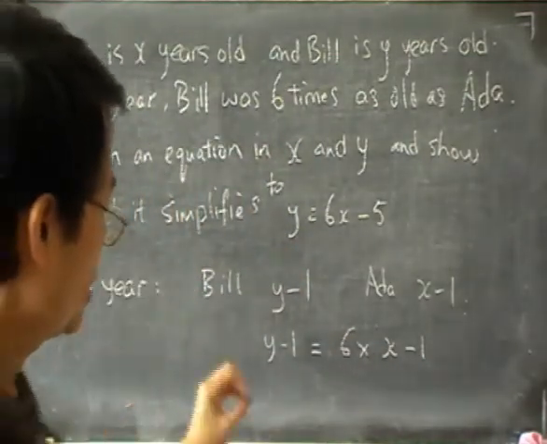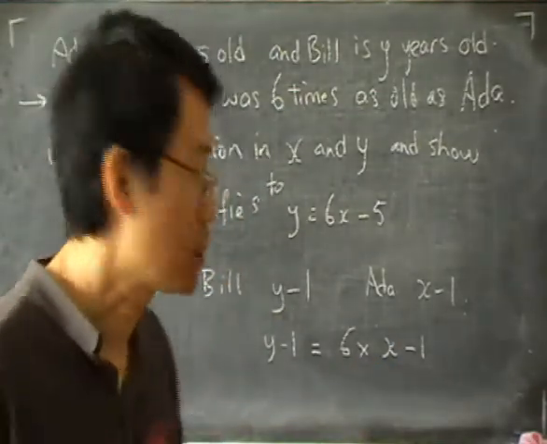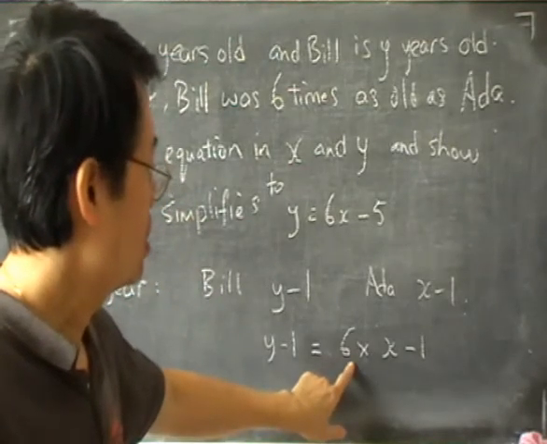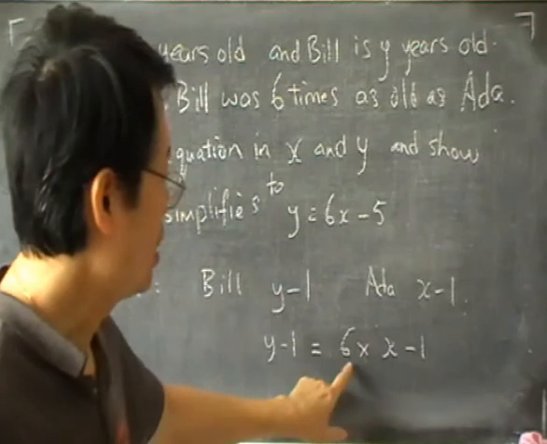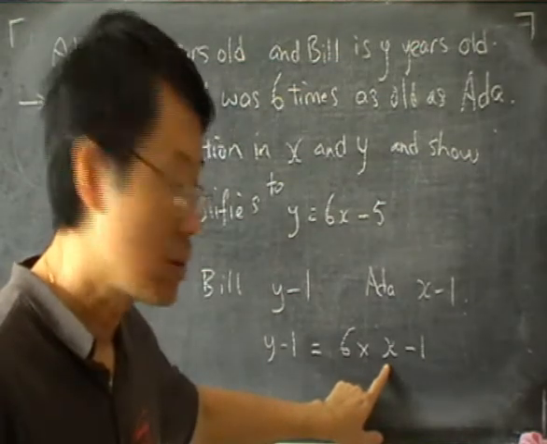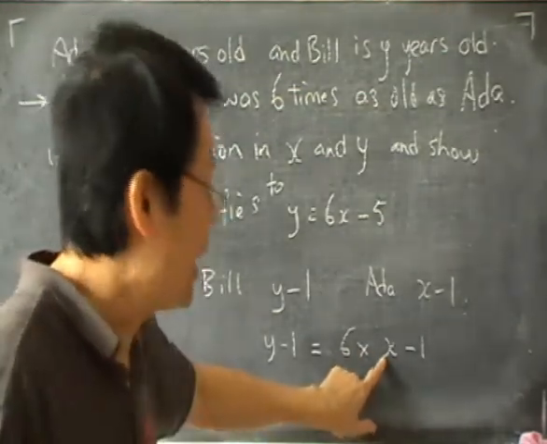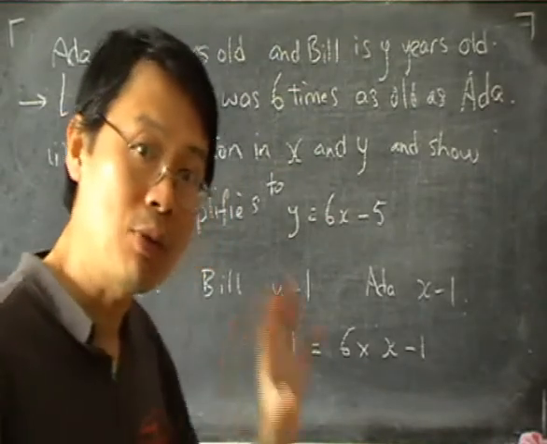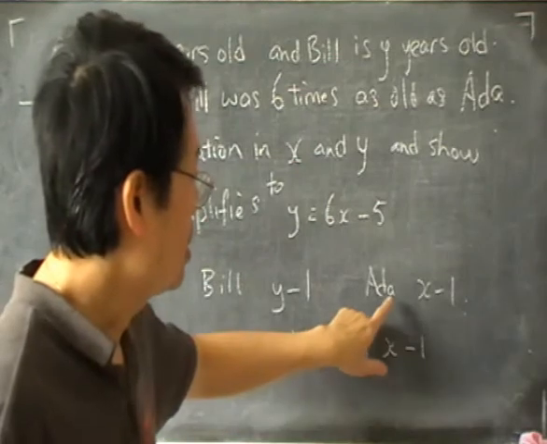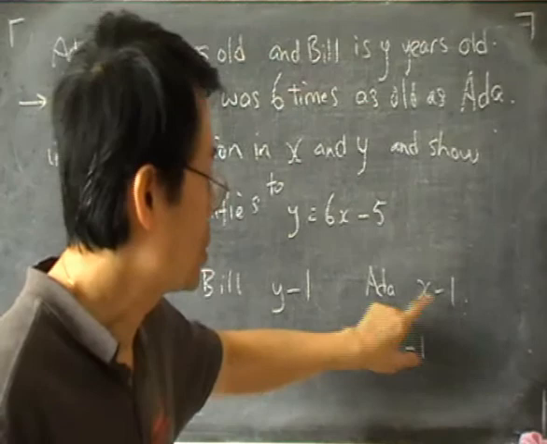Now we must be very careful when we multiply things in algebra. If I just write the expression like this, it means that I multiply 6 by x, I can calculate an answer for that first, and then I minus the 1. But that would be wrong, because the 6 should really multiply by Ada's age last year, which is x minus 1.